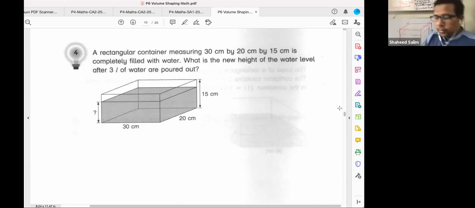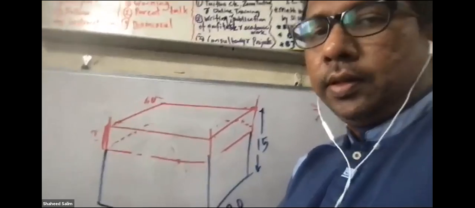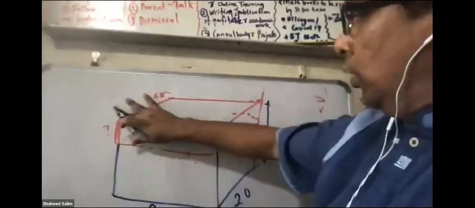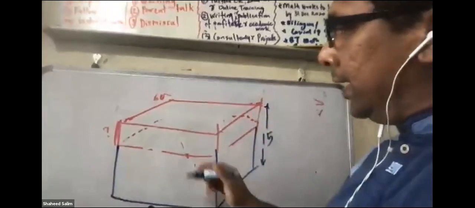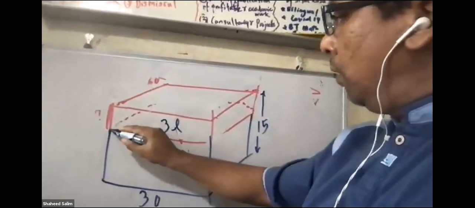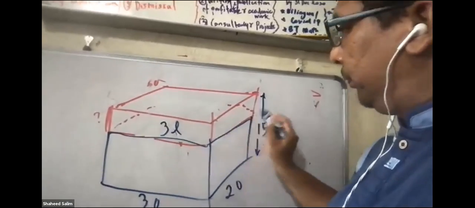So now, let us go step by step. They tell us at first the water is right until the red line here. Full. And then 3 liters is poured out. Now the line is at the blue line.